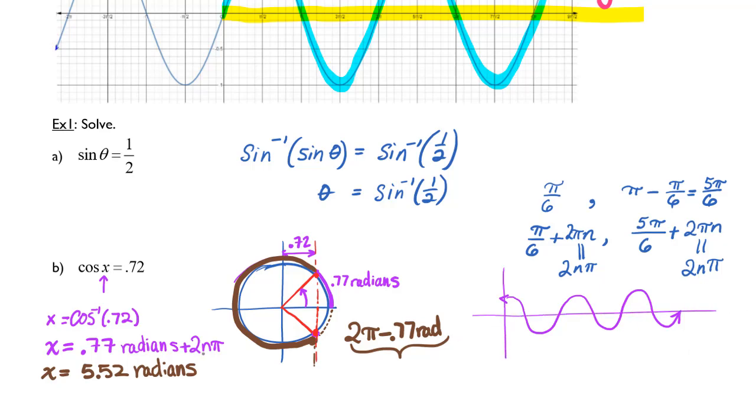So that's why we say plus 2n pi. And for 5.52, as it continues to unwind along the x-axis for this function, we'll say plus 2n pi for that as well.